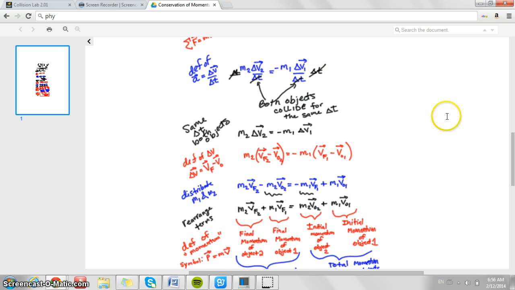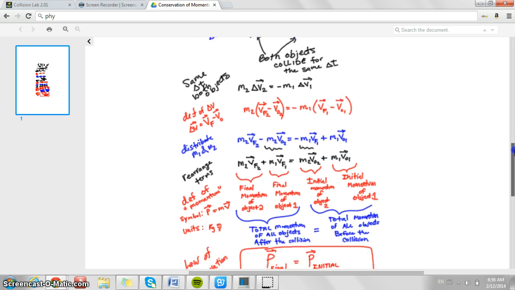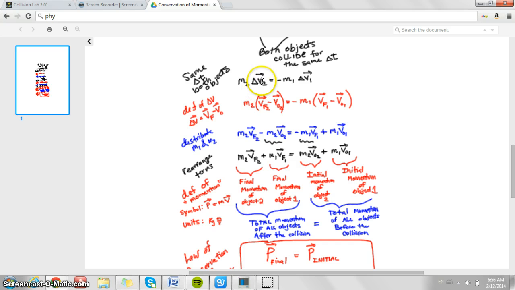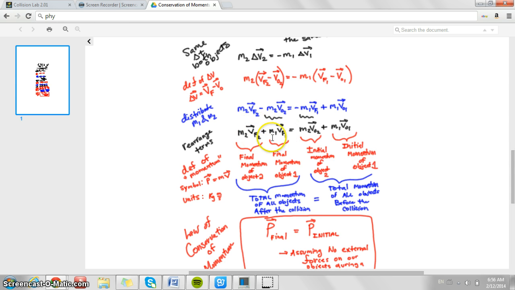It's meaningless. And we keep going, and we interpret change in velocity as final velocity minus the initial velocity, and we distribute, and eventually we end up with this equation.